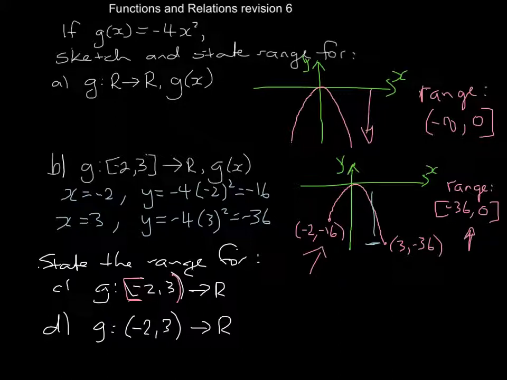So for this one here, the 3 has a round bracket next to it, so that tells us that our range for this one would be round bracket, negative 36 and 0. It is still going all the way up to 0, so it equals that. For the last one, again for the same reason, because the x value of negative 2 in this particular restriction of the domain doesn't have an impact on the range for it, we're basically going to have the same again.